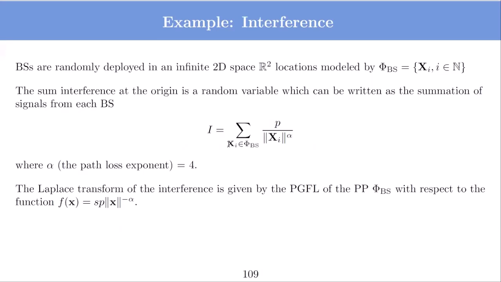So if I take the Laplace transform, E of e to the power minus sI, then this becomes E of e to the power minus the summation of sP norm xi to the power minus alpha. You can look at this as nothing but the Laplace functional of the function sP norm x to the power minus alpha. Or you can take the PGFL also, with the modified function transformation, that will also work.